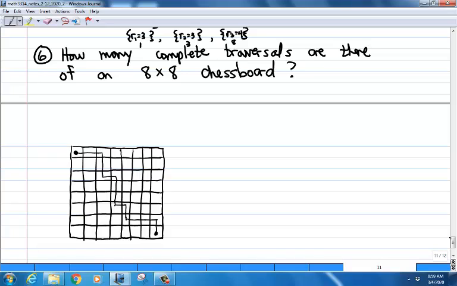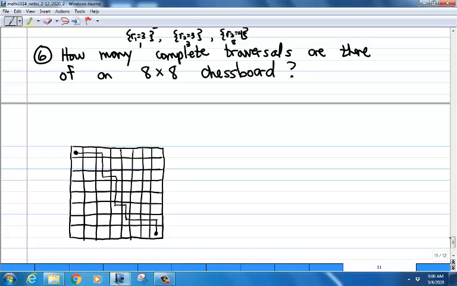So we know, Kaylee, that there's 7 and 7 of these. But what is it that we don't know? What changes the traversal? The order. We don't know the arrangement of the right moves and the down moves in the traversal.